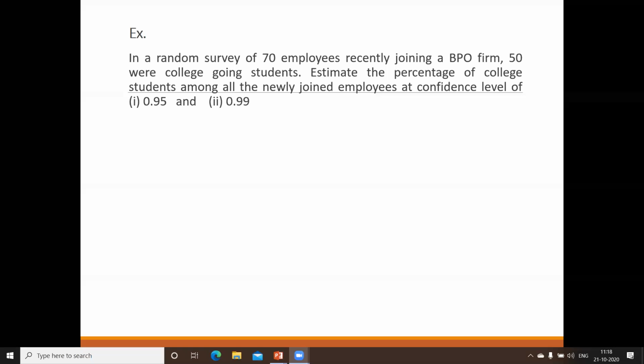And once we get the value of Z, you can find out the interval estimate of pi. The only thing we have to change here is the value of Z in the formula. So it will be 0.714 plus minus Z into bracket 0.054. Okay. So find out the value of Z at 99% of confidence level.